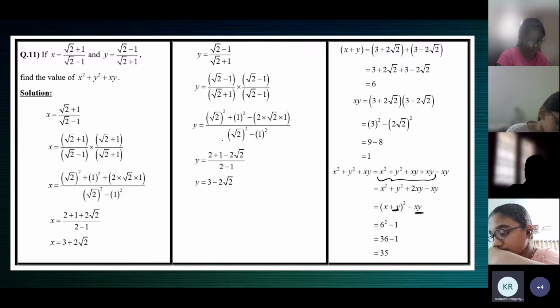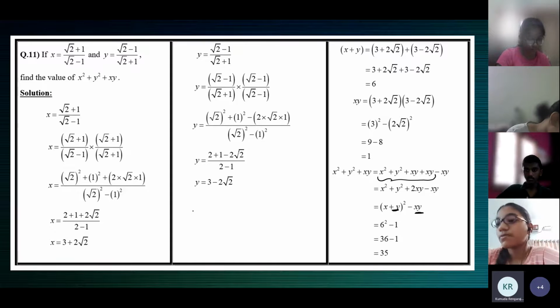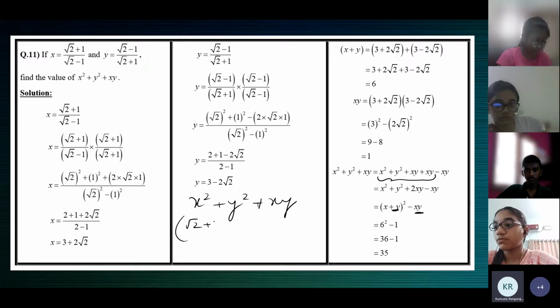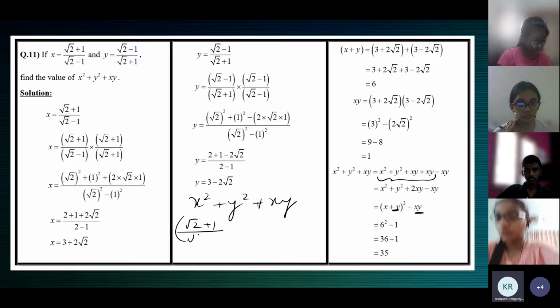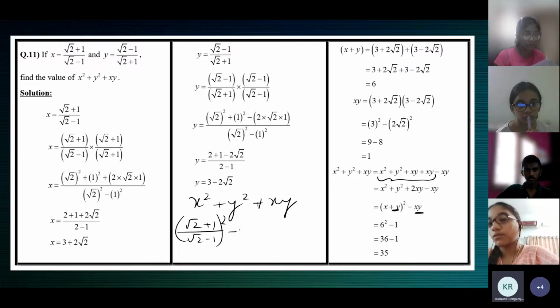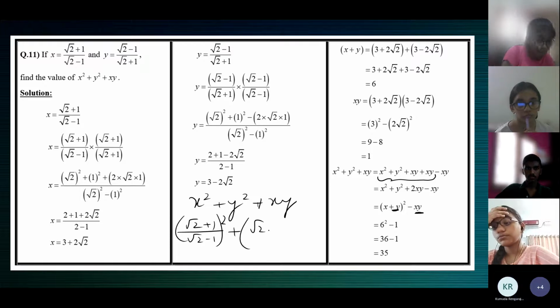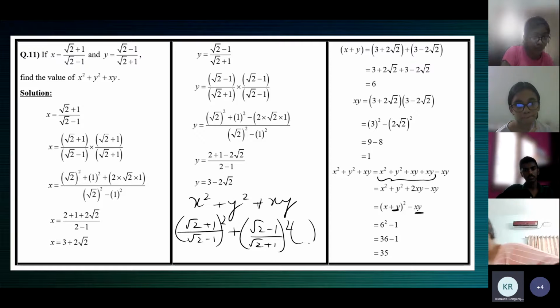Now I just have to tell you this, children. You should not do this. You will think you have to find x squared plus y squared plus xy, so why all this procedure? X is given, so I'll just take x and square it, and then plus y, I'll square this, and x and y I'll write and multiply.